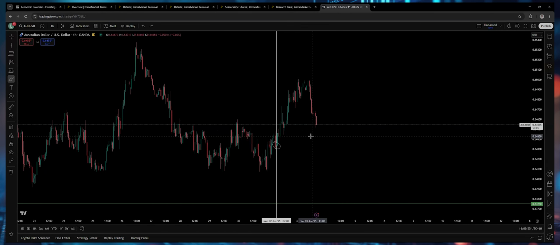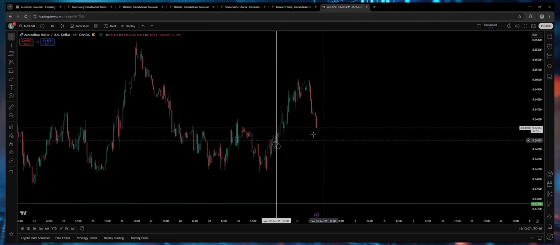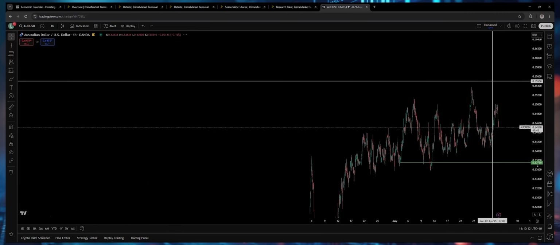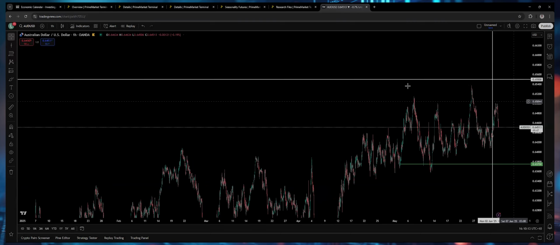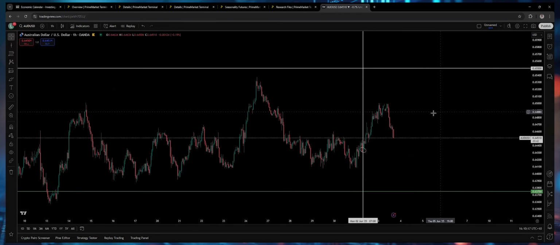Especially after 11:30, after this candle here, everything started to get quicker and quicker, faster and faster, and the market just keeps moving down. So what is going on with the Australian dollar? That's what I want to discuss today.